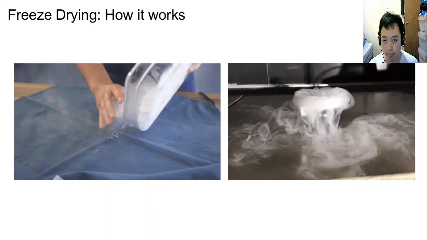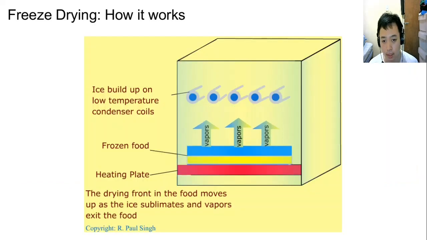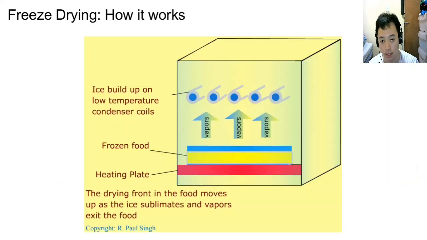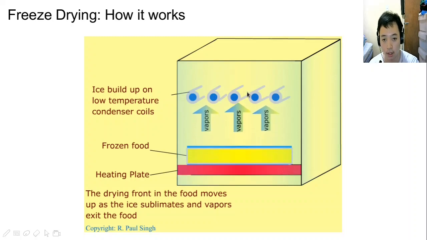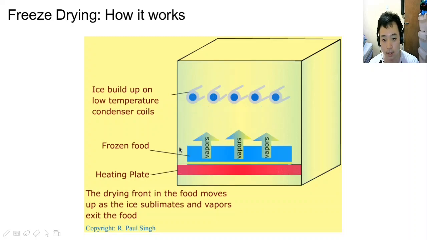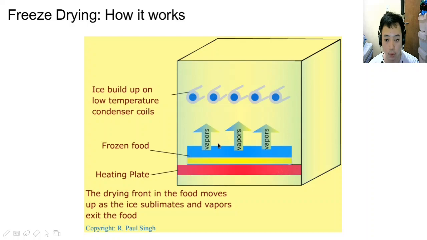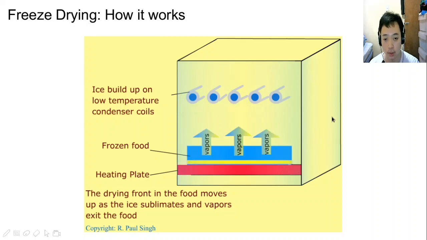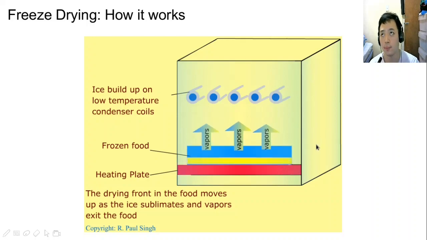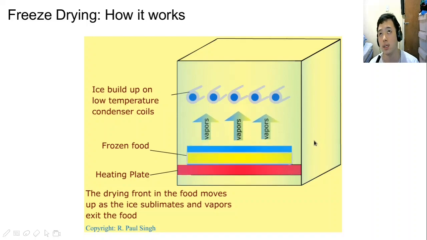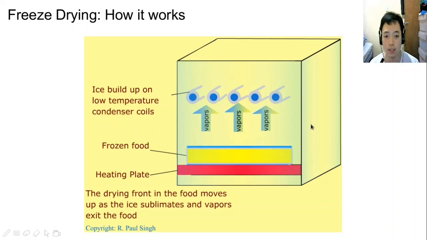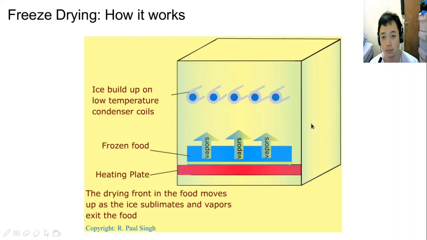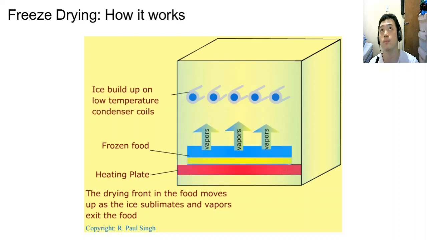So how it works is that, like what I said earlier, the products or the food will be frozen. The pressure will be decreased to vacuum, around 100 to 500 millibars, somewhere around that level.